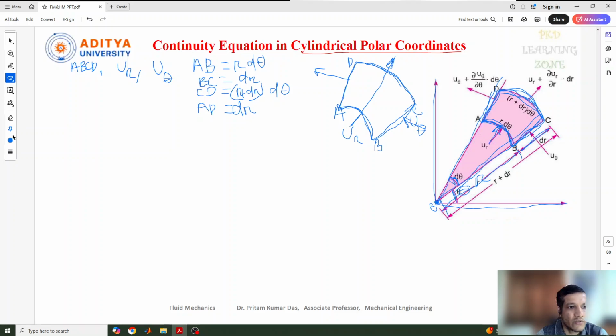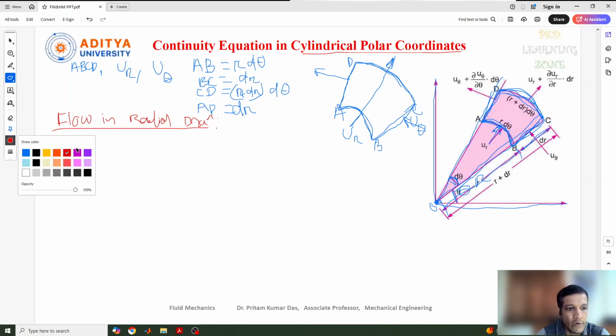Okay, first we will find out the flow in the radial direction. We need to calculate two things, flow in the radial direction and flow in the tangential direction. So first I will derive the flow in the radial direction. This is the first point we need to derive, then we will go for the second one.